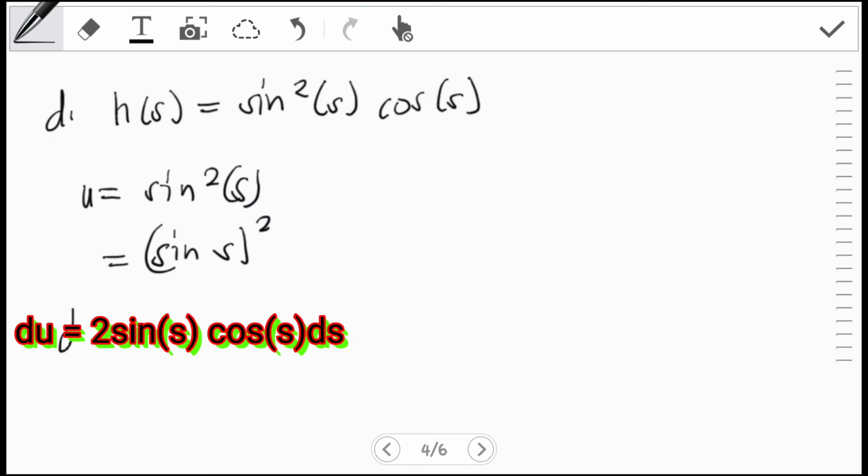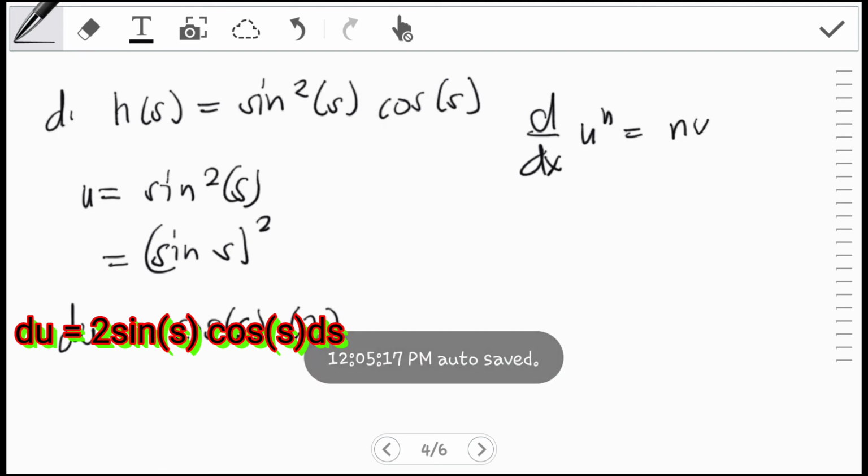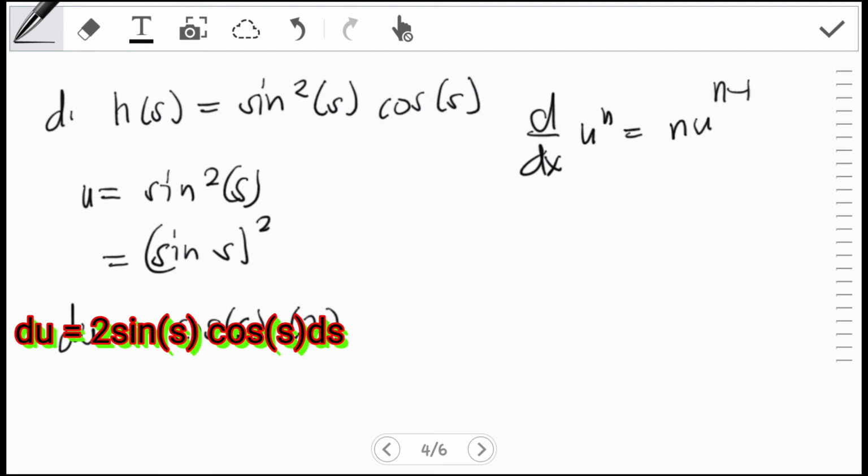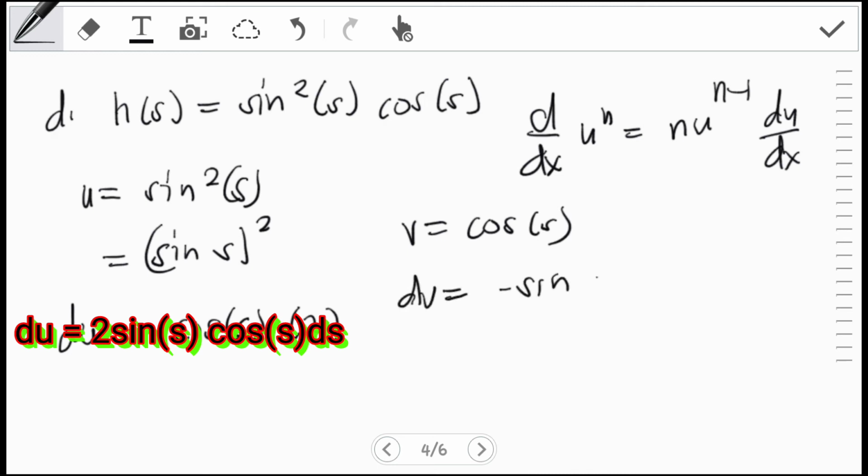So where du here is, take note, the power rule: d over dx of u to the n equals n u to the power n minus 1 du over dx. Okay, so next is v, where v is cosine s, where dv is negative sine s.